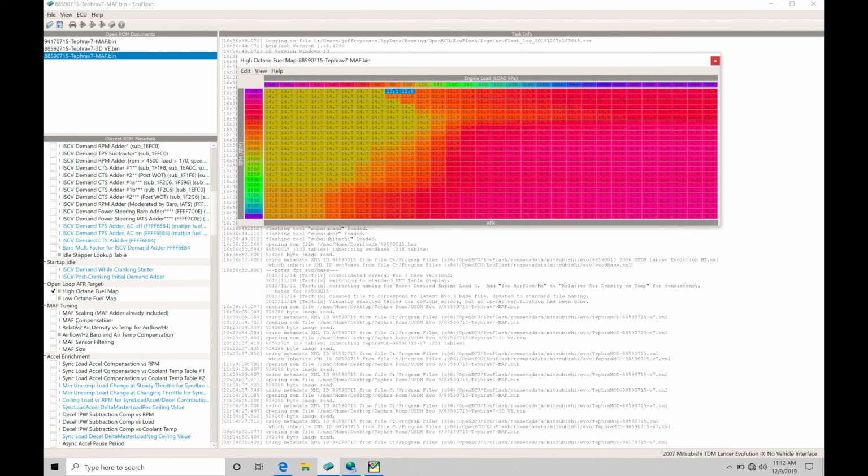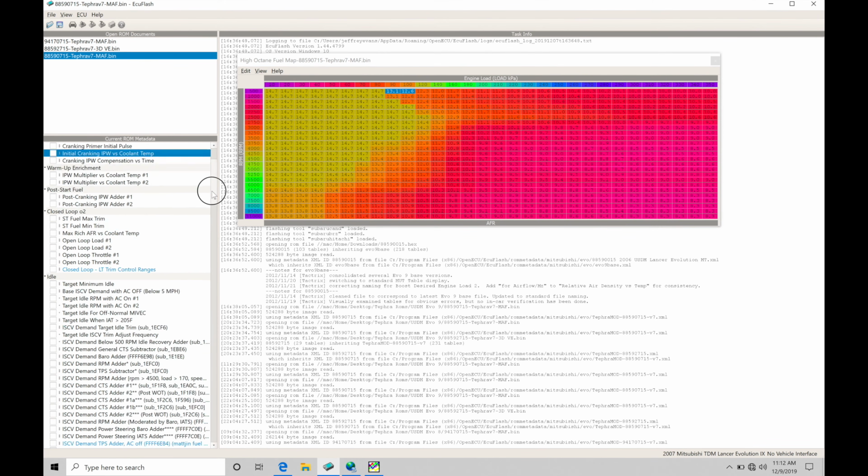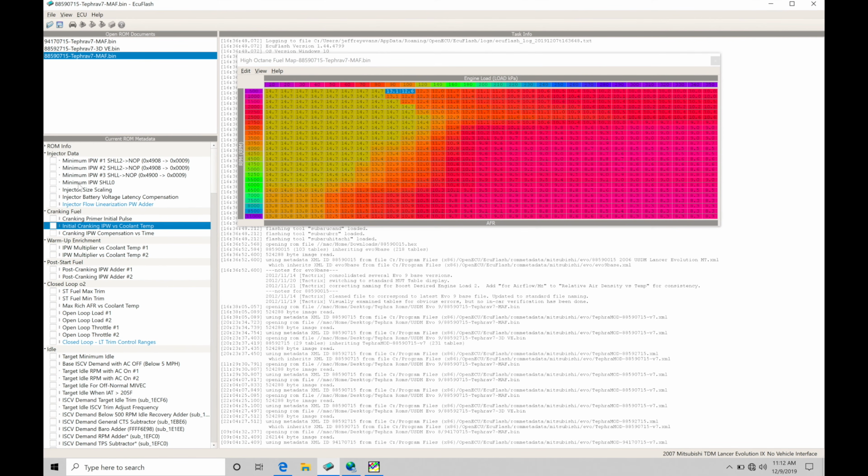So we know what the air mass is going to be by all these equations and calculations from that 19 Hertz under cranking specifically. We know what the target air fuel is. So if we know the air mass, we know what the target air fuel is. We'll convert that into a fuel mass, and then we'll request what the injector pulse width is going to be as it goes through all of our calculations here. We went over all the injector details of programming, so you should understand what that's going to be. So we're going to have a base injector pulse width that we're going to be starting with under cranking conditions.